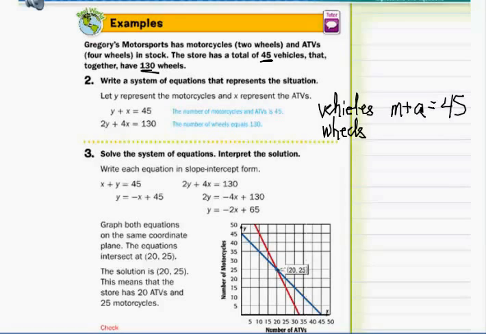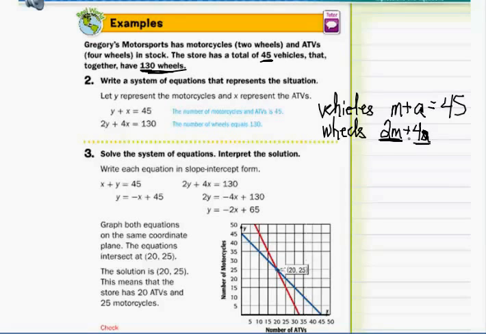You also know that it has 130 wheels. Well, a motorcycle has how many wheels? 2. So I could say that 2M, this just gives me the number of wheels per motorcycle, plus the number of wheels per ATV, and those are 4-wheelers or gators or something, but it does have 4 wheels anyway. That's supposed to be an A. Wow, come on.